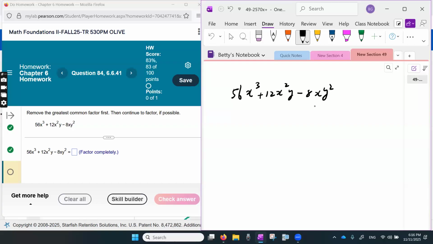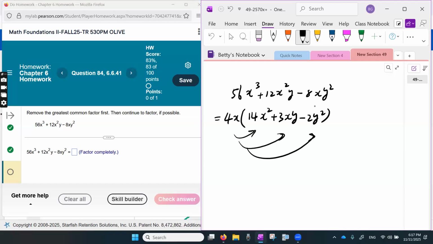Okay, so GCF is 4x. And we figured out we have 14x squared plus 3xy minus 2y squared. I'm going to double check if it's correct. 14 times 4 is 56. x cubed plus 12x squared y minus 8xy squared. Yeah.